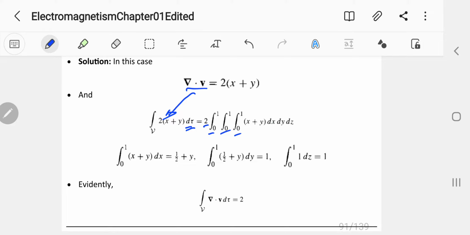So you can integrate this with respect to x first, and so you will have x plus y dx. When you get the value, you get the integral from 0 to 1, this would be 1/2 plus y.